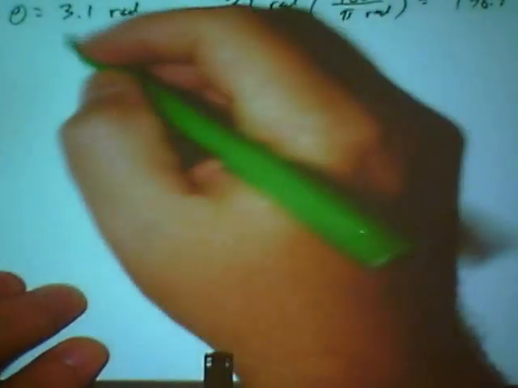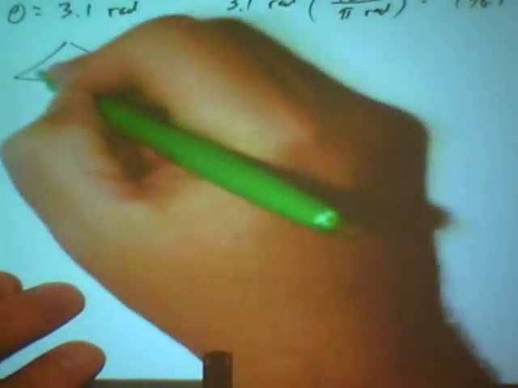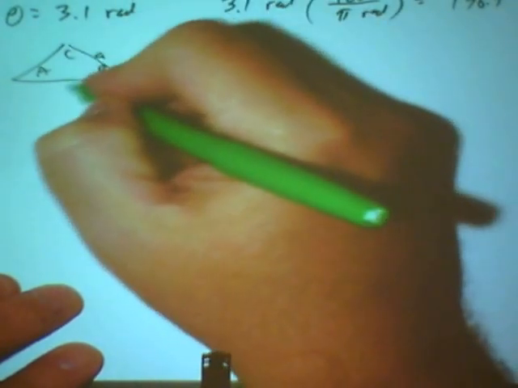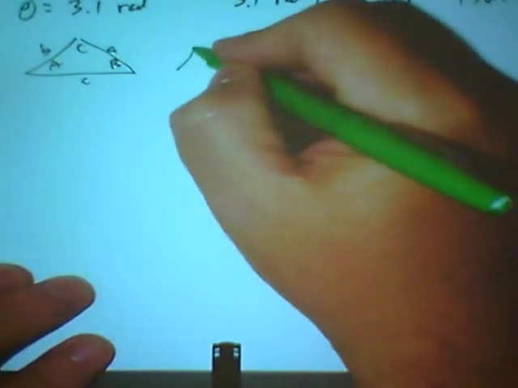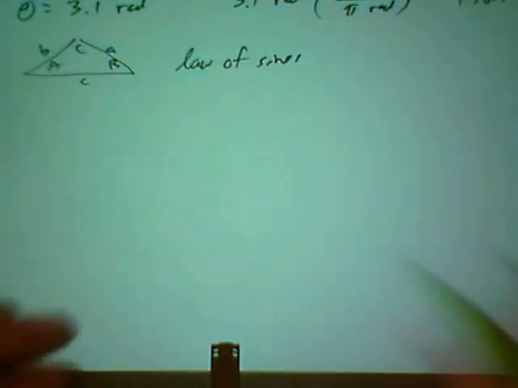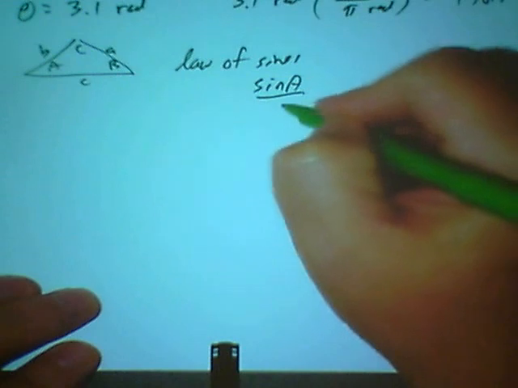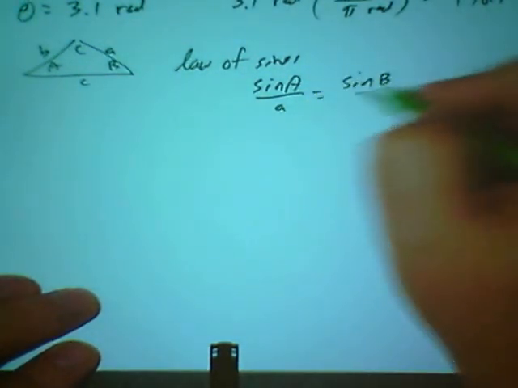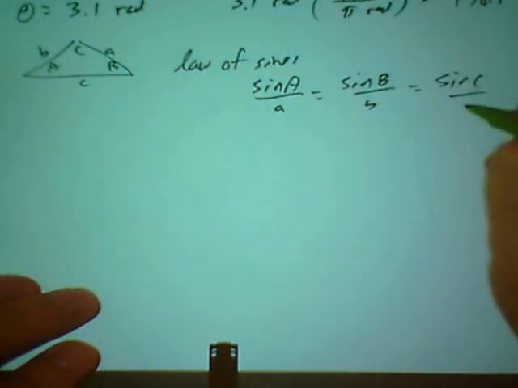The law of sines is very simple. If you have a triangle ABC, and the sides are just the lowercase letters, law of sines, very easy to remember. Sine of A over a has to equal sine of B over b has to equal sine of C over c.